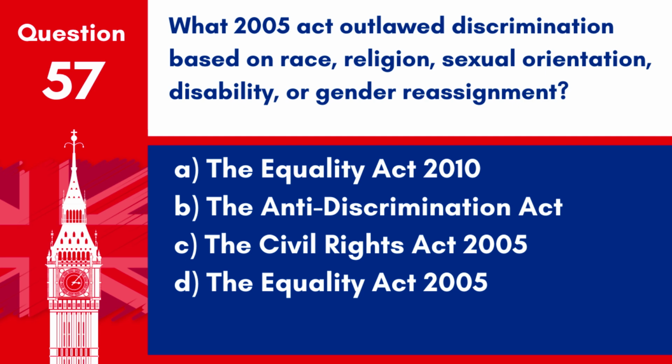D. The Equality Act 2005. Answer: A. The Equality Act 2010. While it was passed later, the Equality Act 2010 effectively outlawed discrimination based on race, religion, sexual orientation, disability, and gender reassignment, consolidating previous anti-discrimination laws.